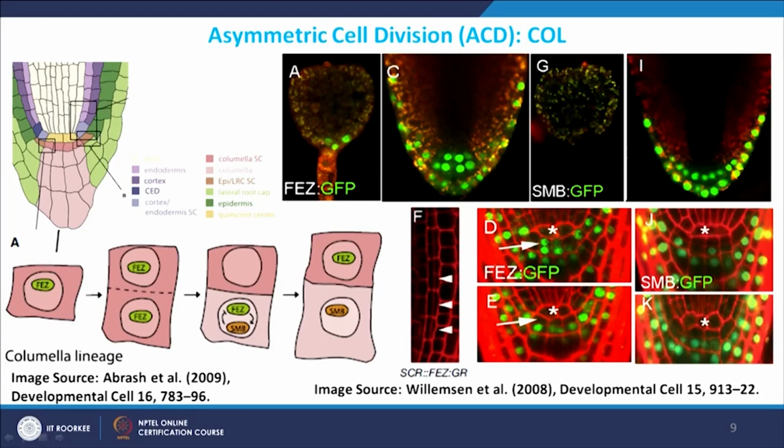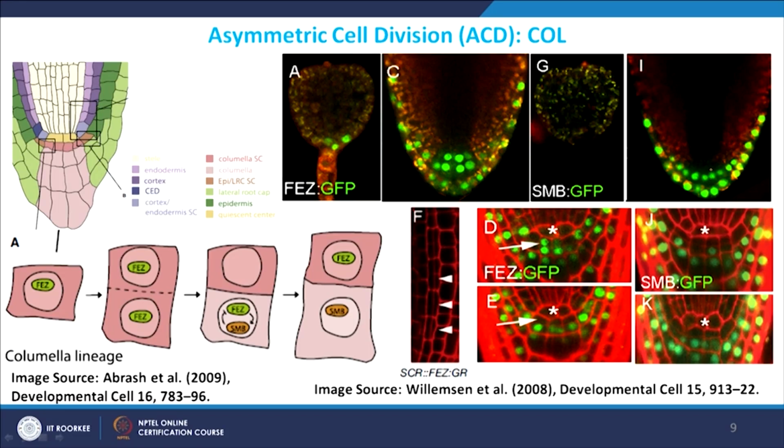If you look here at how columella initials undergo the process of differentiation, the same regulators have been shown to play a very important role. If you look at the expression pattern of FEZ and SMB protein during embryogenesis, FEZ starts expressing here. At that stage SMB was not activated, but at a slightly later stage SMB is getting activated.